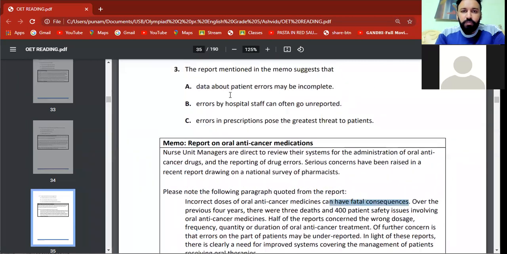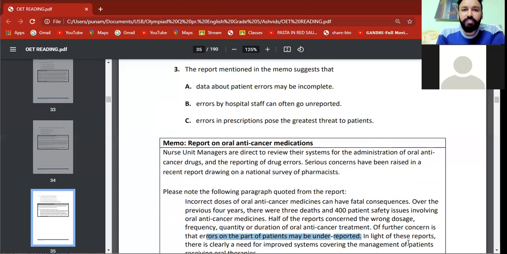The report mentioned in the memo suggests that. Now compare this with this: data about patient errors may be incomplete. Here, read this. Underreported or maybe incomplete.